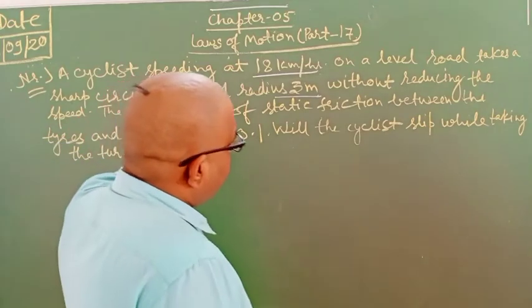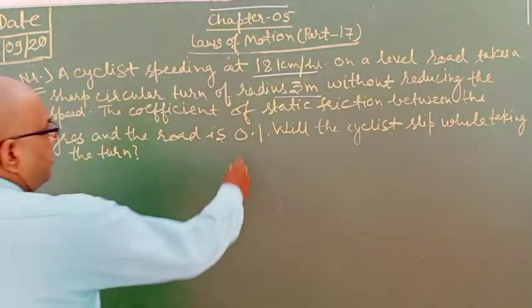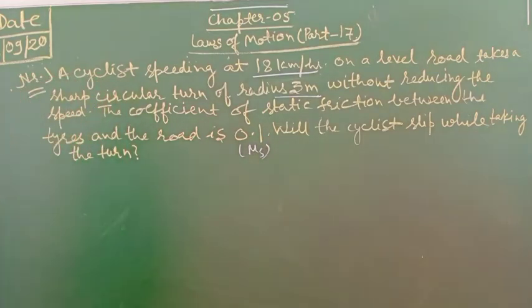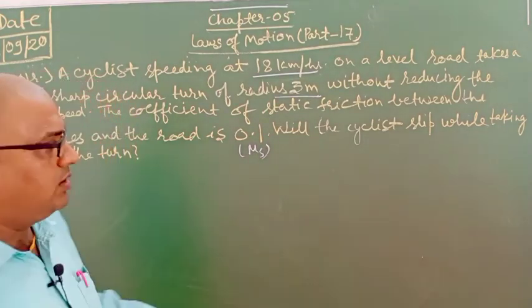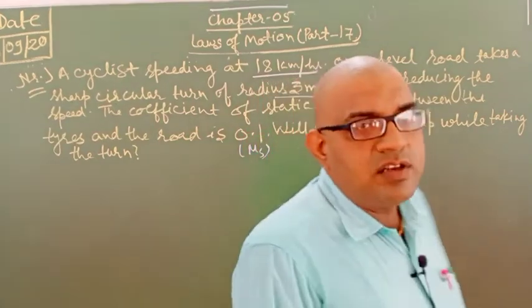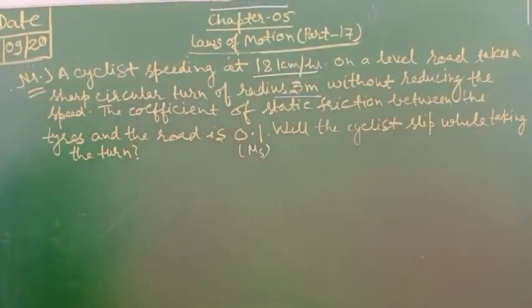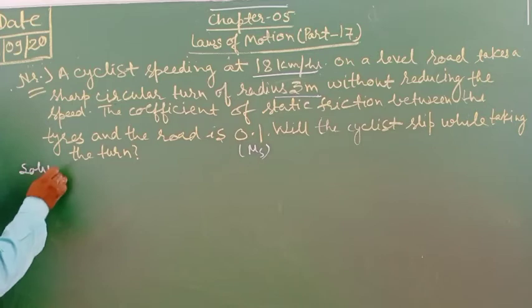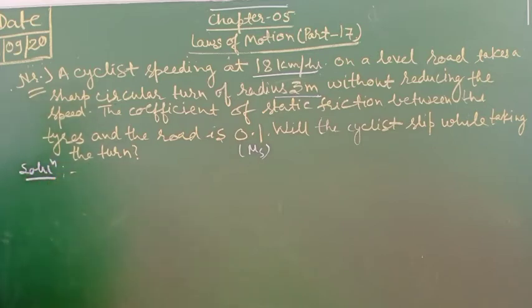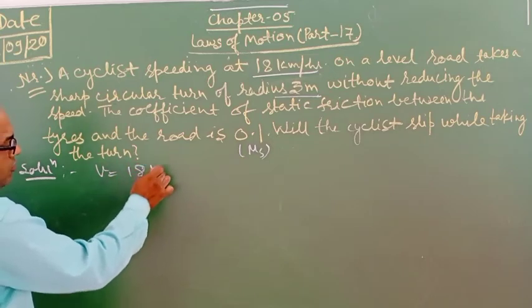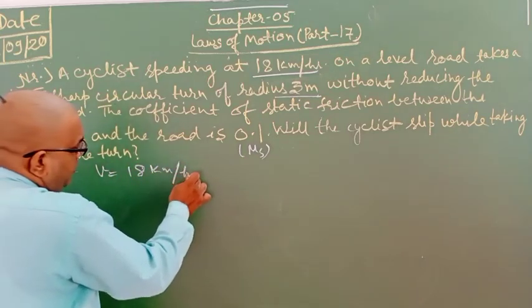The coefficient of static friction mu s is given, mu s is equal to 0.1. It is asked whether the cyclist will slip or not while taking the turn. So let us see. It is given that velocity v is equal to 18 km per hour.